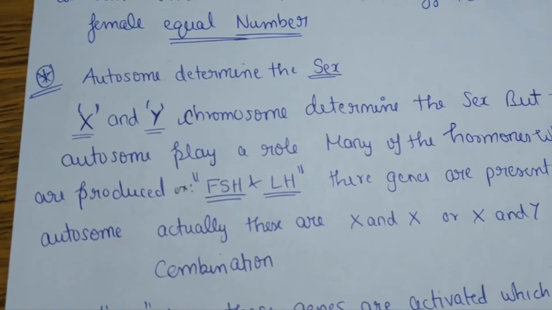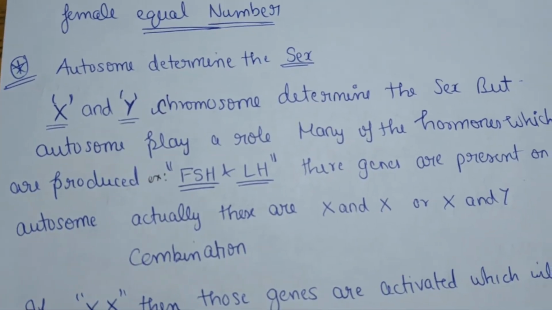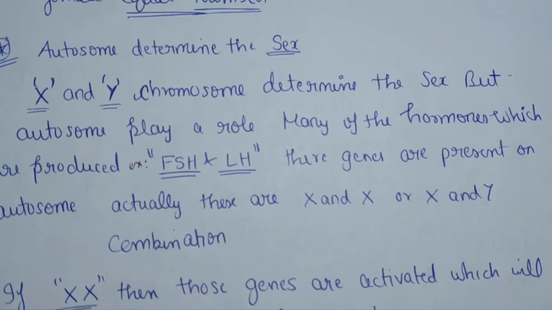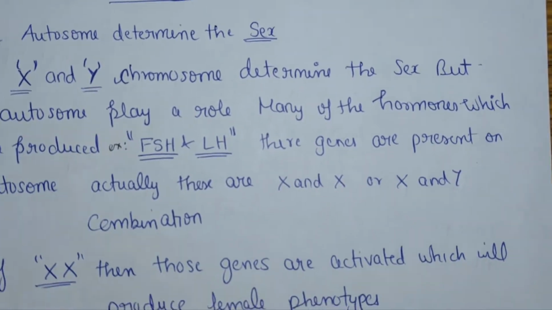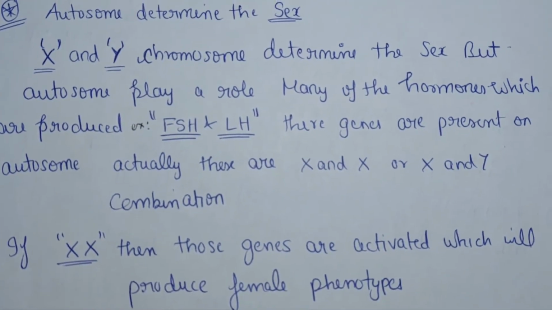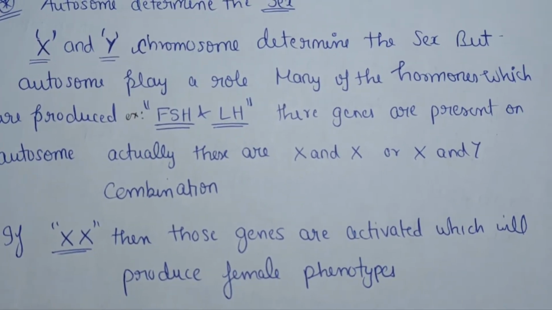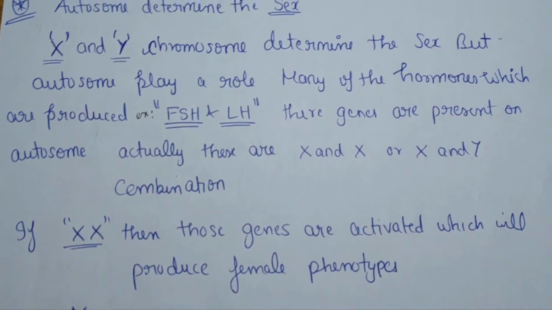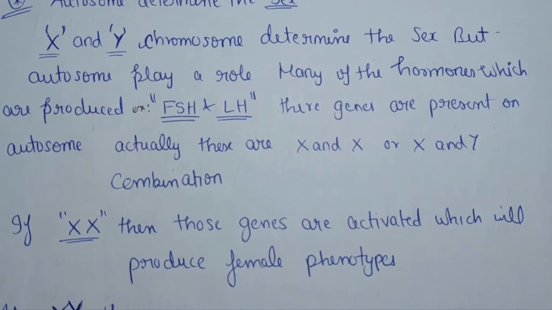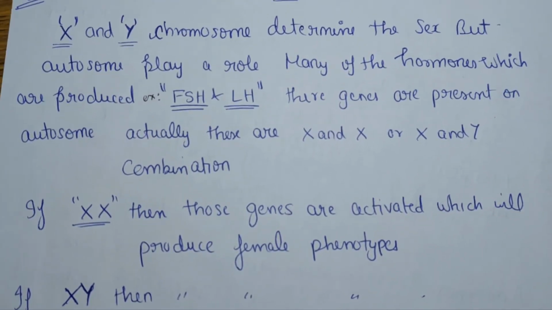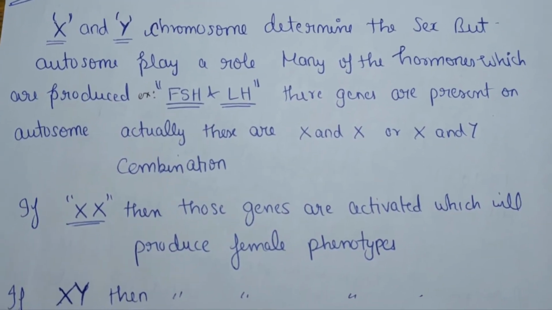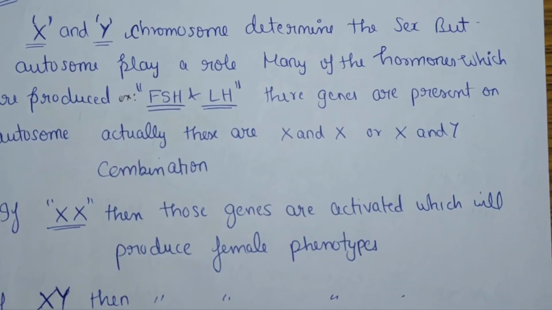Here one important point to remember is that autosomes also determine the sex. That is, X and Y chromosomes determine the sex, but autosomes play an important role because many of the hormones which are produced, for example FSH and LH, their genes are present on autosomes.